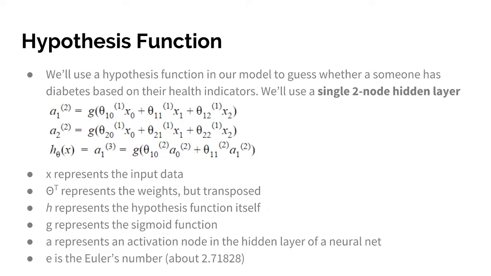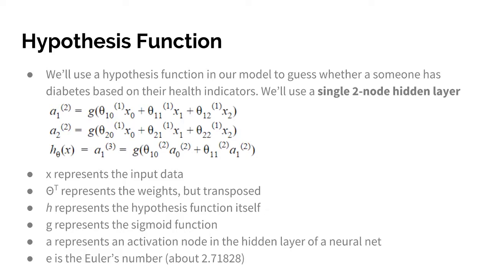What does that number actually mean? Theta 1, the 1 represents that it belongs to the first hidden node, and the 0 represents that the theta is also correlated to the first training data variable. And then the superscript 1 just represents the layer.